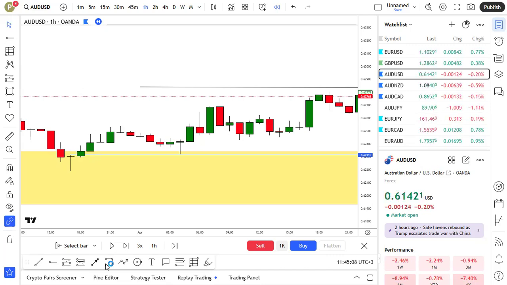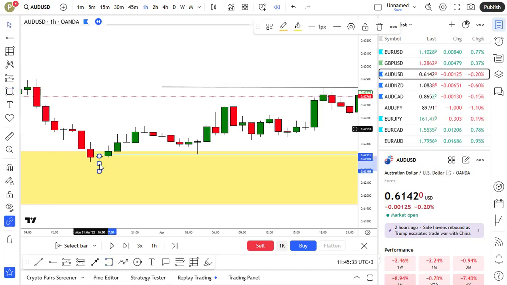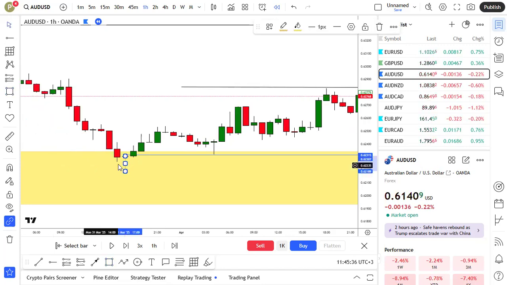Okay, let's wait. So this is going to be our order block. This one is going to be our order block.